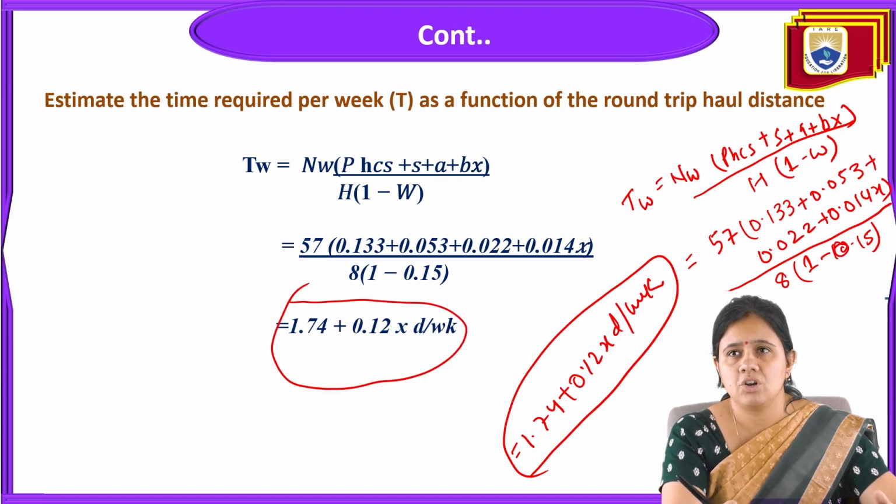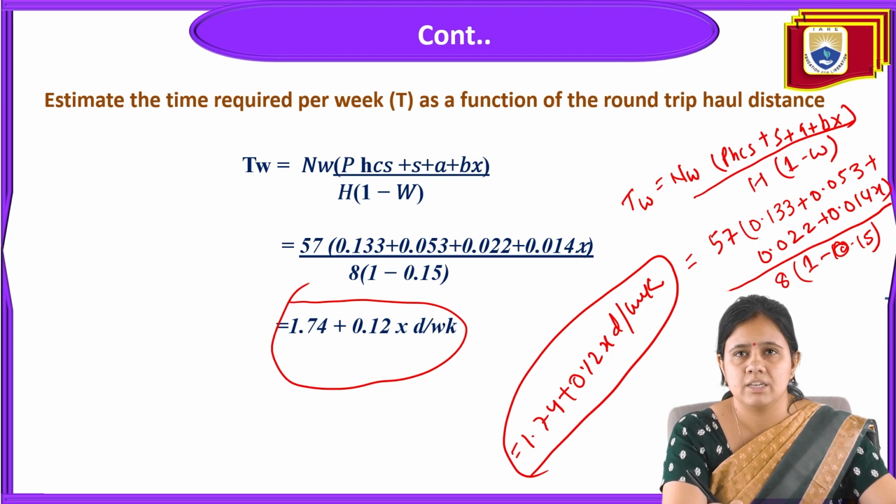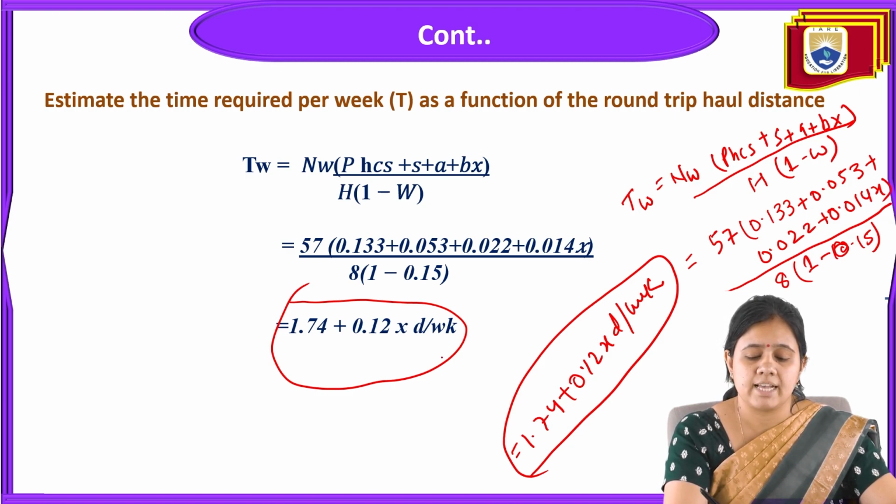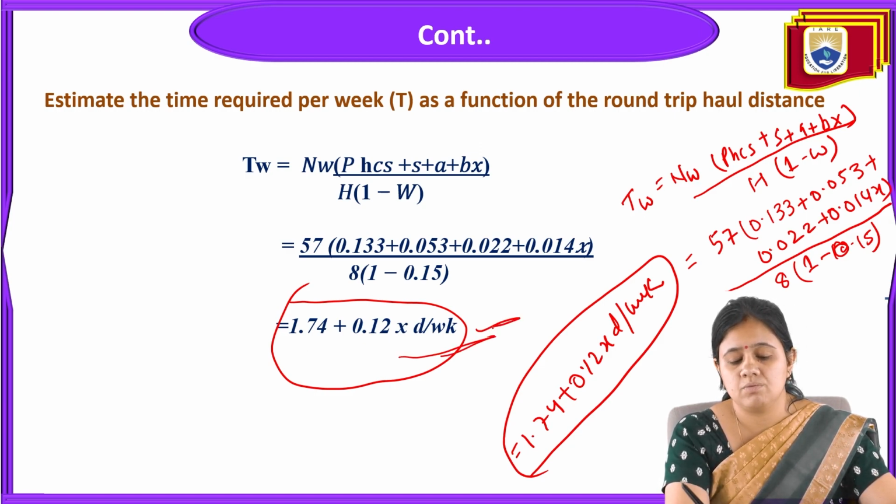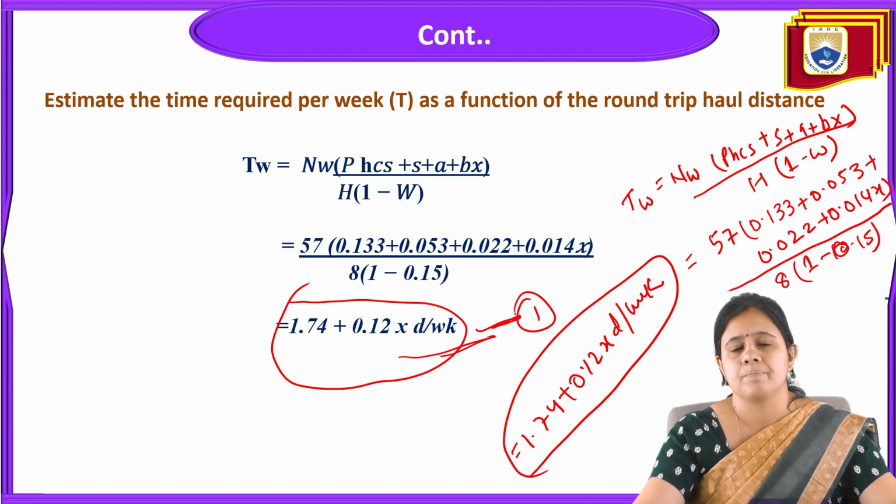So as a function of the round trip haul distance, this estimates the total time required per week. This equation we will use in the next part of this problem statement. We already calculated the number of trips required, the average pickup time, and estimated the time required per week as a function of the round trip haul distance.